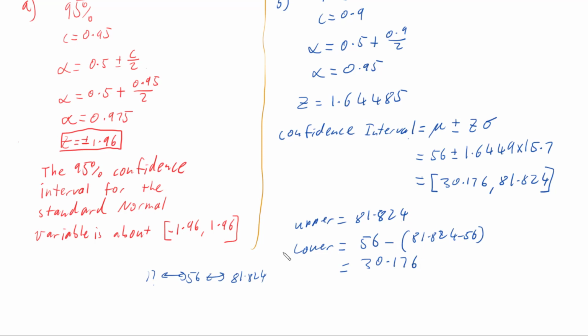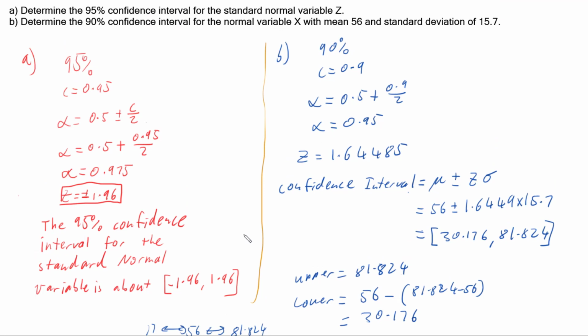So there we go. If we want a confidence interval for the standard normal, we have to work out our proportion using 0.5 plus or minus c over 2, and we can use either the plus or the minus. It'll give us either the upper or the lower, and we've just got to write down the opposite, which is the minus or the plus respectively.